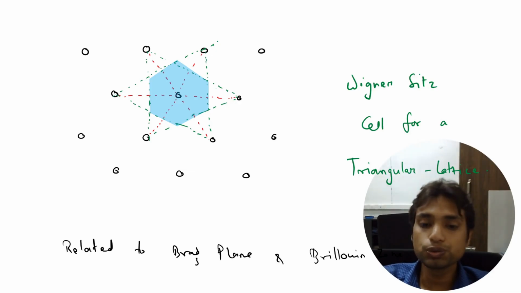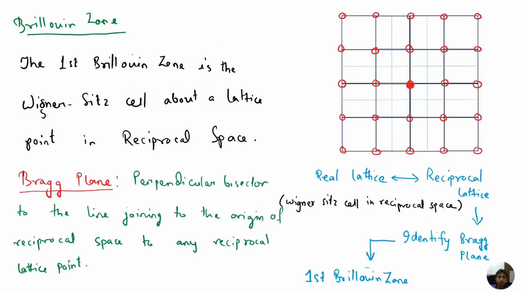We are not specifying whether it is a real lattice or a reciprocal lattice. Now what we are going to do is take the reciprocal space. For a given crystal we have a reciprocal space, and that reciprocal space will also be a collection of points.